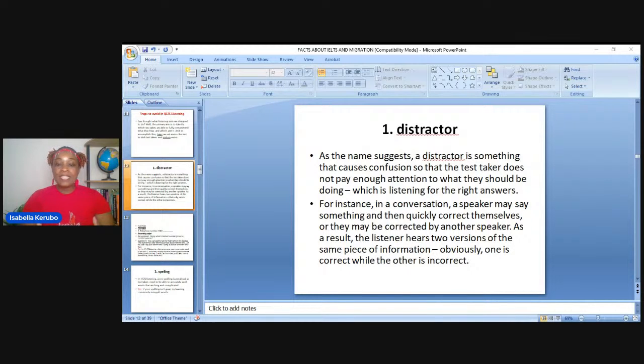So what happens in most cases, especially if you're answering multiple choice questions, is they are either paraphrased, okay? They are either paraphrased or they use synonyms.